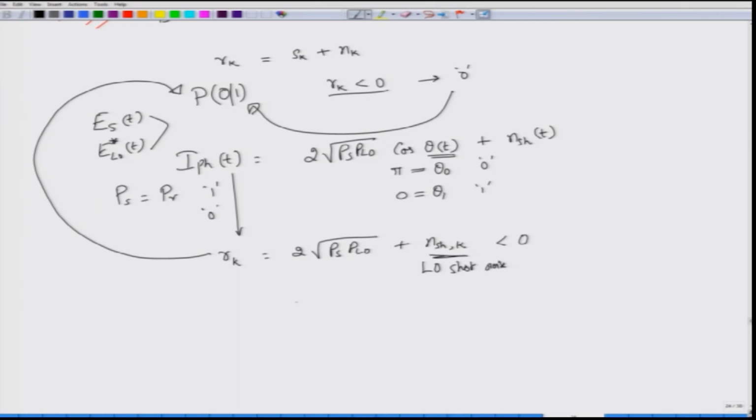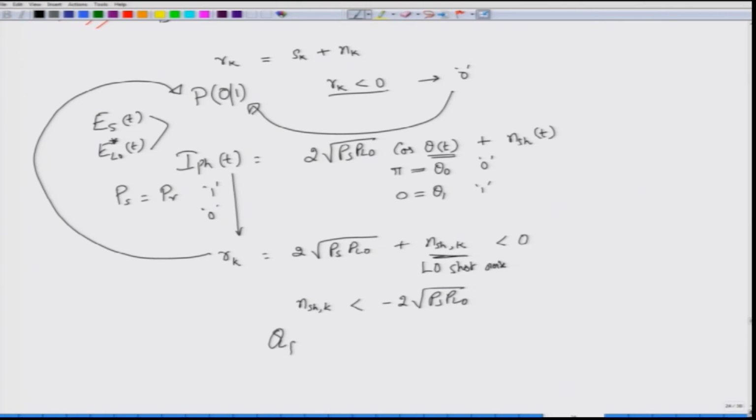So, you can rearrange this equation and then say the condition for this to happen is when the noise actually falls below this minus square root of 2 PS PLO, and then you can integrate and do the appropriate calculation to find out what would be the probability of 0 to obtain a 1, and express all this in terms of the Q factor, or the Q function.